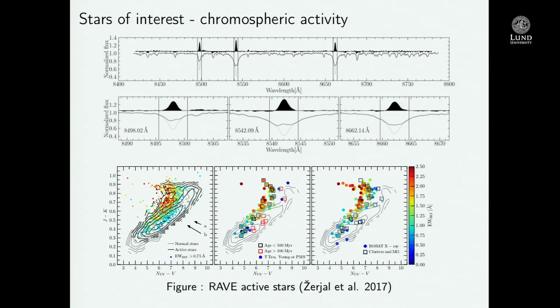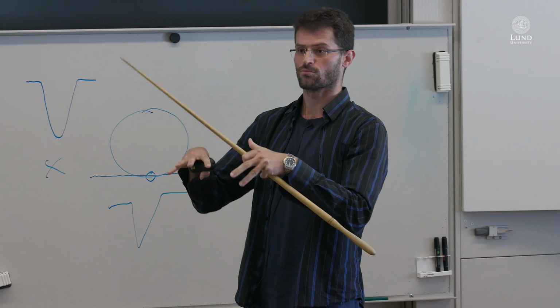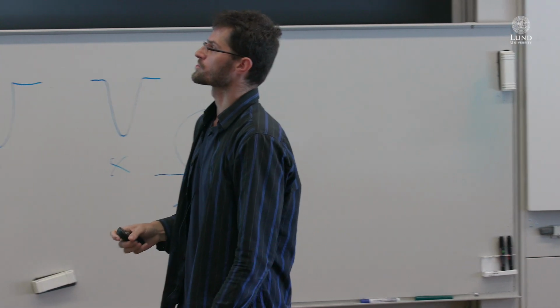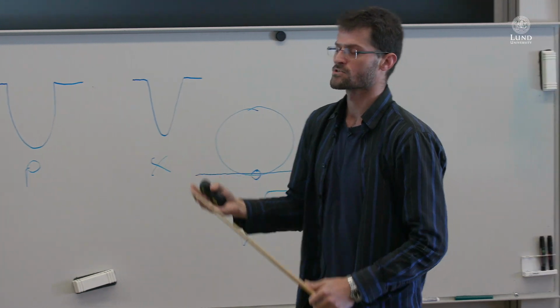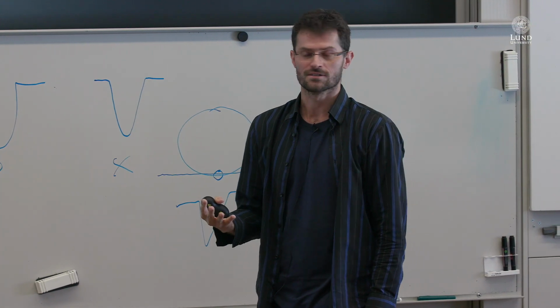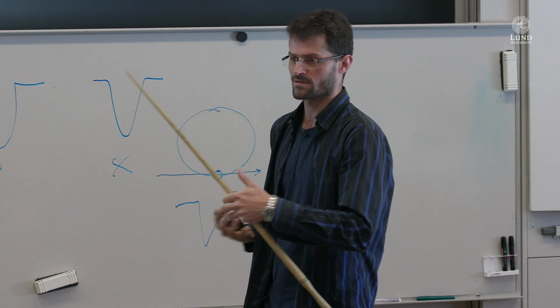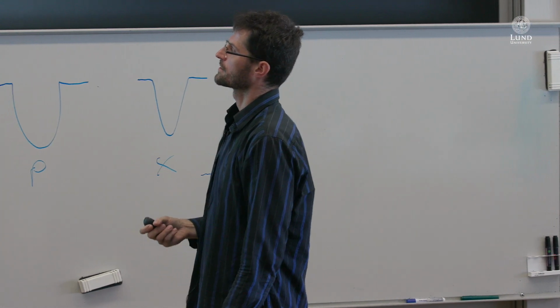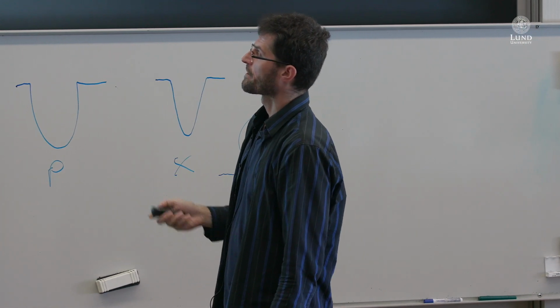And we see they don't go down as they should in theory. There's more light in the core of the lines. So this is basically due to some emission happening in the upper layers of the atmosphere, so in the chromosphere of a star. And this is an indication for some sort of magnetic activity probably of the star. Some magnetic fields are putting some energy in those layers, and then we get emission out of that.